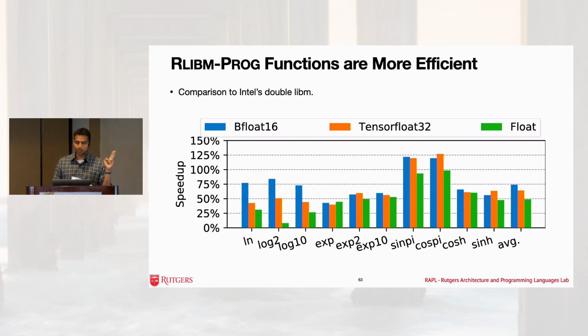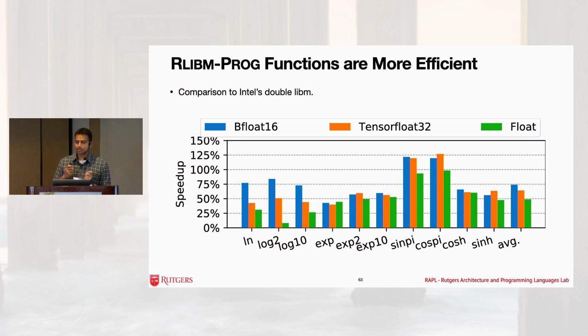RLIBM-PROG functions are more efficient than all mainstream math libraries. Here we compare its performance to that of Intel's DoubleLIBM, where we compute the result in double and subsequently round it to the target representation. The blue bars show the performance for bfloat 16, where RLIBM-PROG is 74% faster on average because of smaller polynomials.